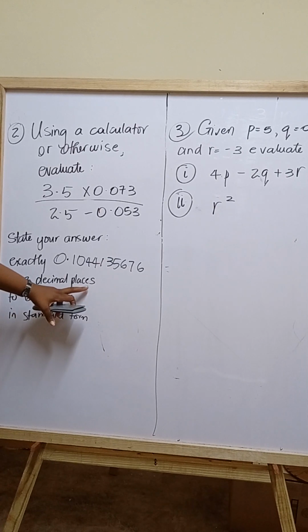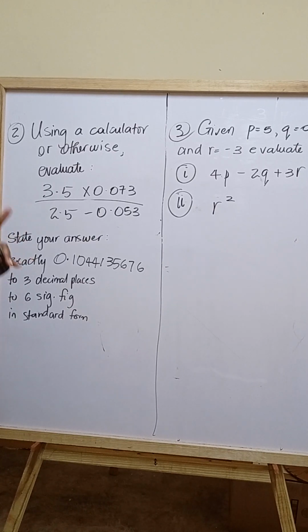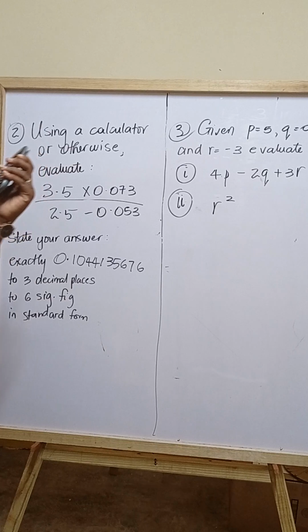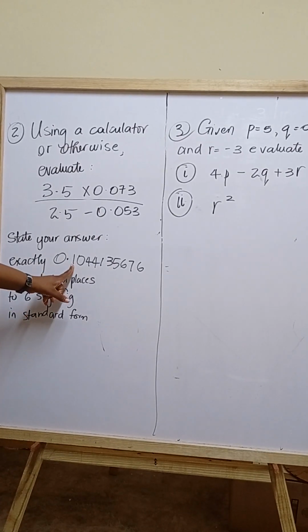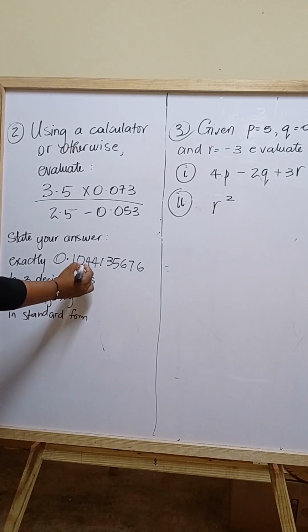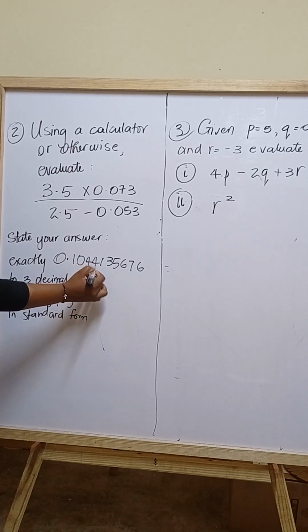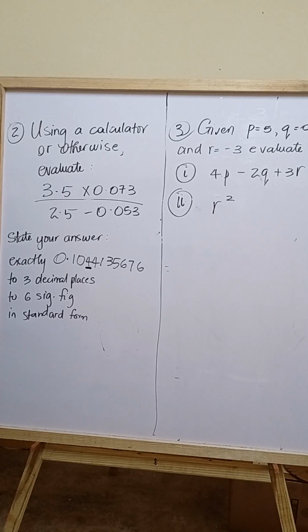Now you are to round off the answer to 3 decimal places. When it says state your answer or give your answer to 3 decimal places, it means you are to round off the answer to 3 decimal places. So you would count 3 places after the decimal point. And this would be the digit you are rounding, or the digit of interest.